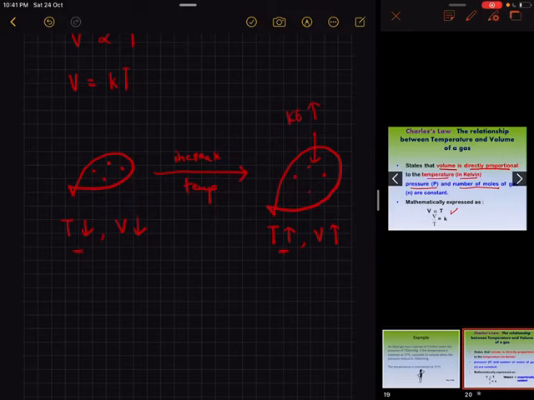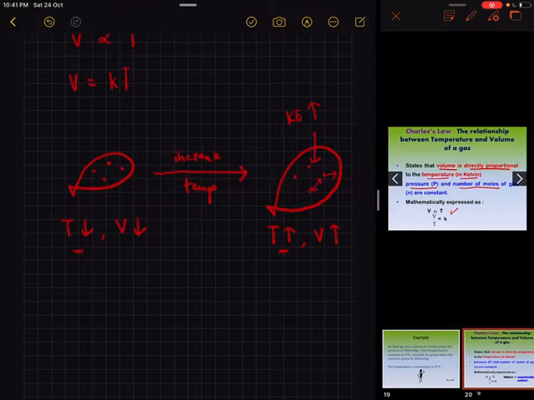The gas particles akan collide with the wall of the container dan collide dengan sesama mereka, okay, at higher energy. So when colliding between the gas particle dengan the wall of the balloon, itu yang akan menyebabkan size of the balloon tu akan mengembang.